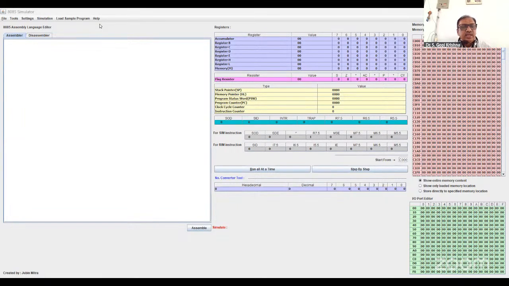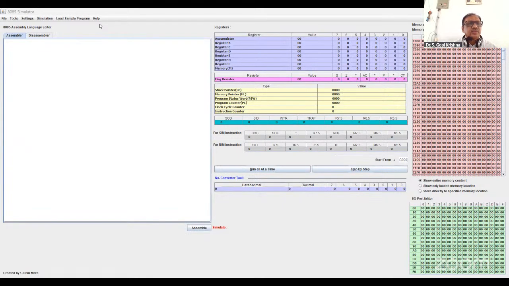LDAX B, LDAX D, LDAX H are the three instructions. In these, whatever address is specified by the BC, DE or HL pair, the data available in that particular memory address will be transferred to the accumulator. That is the importance of this particular instruction.